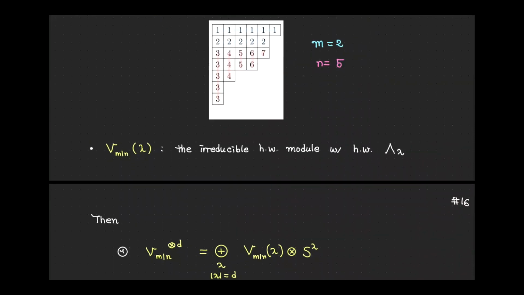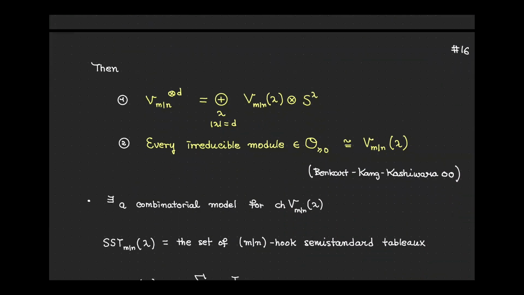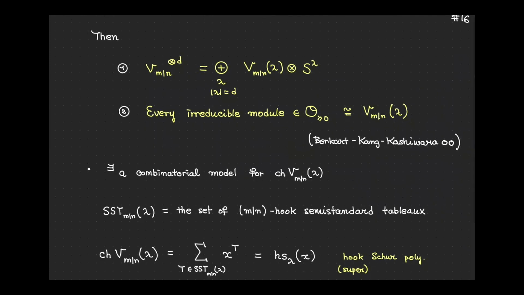Then by standard arguments, we can show that this d-th tensor power decomposes into the tensor product of this V_lambda tensored by the Specht module of the Hecke algebra. The first part can be proved by standard arguments, following the usual Schur-Weyl duality. And the second part was one of the main results in Benkart, Kang, and Kashiwara in 2000.